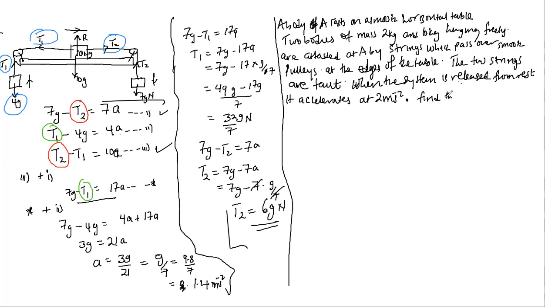Find the mass of capital A. Remember, mass capital A is the one that is lying on a horizontal table. Now, this is the wordy problem I was talking about, so you should be able to interpret that it's a table of this nature.